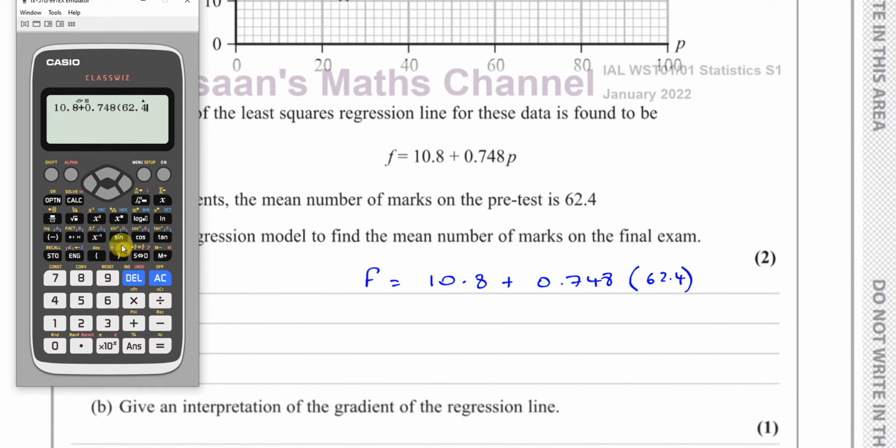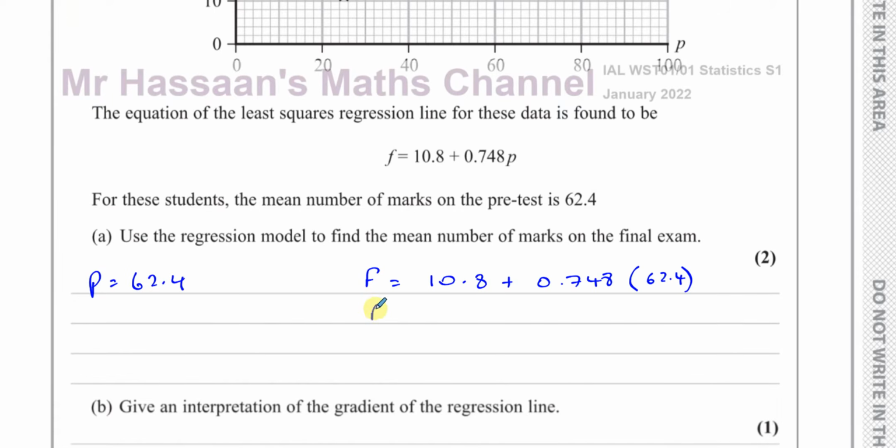Be careful not to make a mistake with your typing. That gives me 57.4752. So F equals 57.4752. So therefore we can say F is equal to 57.5. There's the answer. That's the mean number of marks for the final exam.